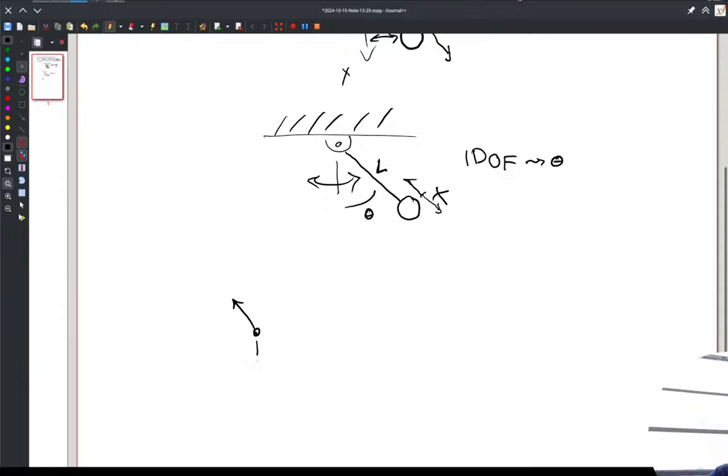So I have an mg and a tension, and all that is going to be equal to, if I'm using theta and r as my coordinates to describe where this is, r is always equal to L. So r is a constant, and I can say that this is my m a_r, this is my m a_theta.